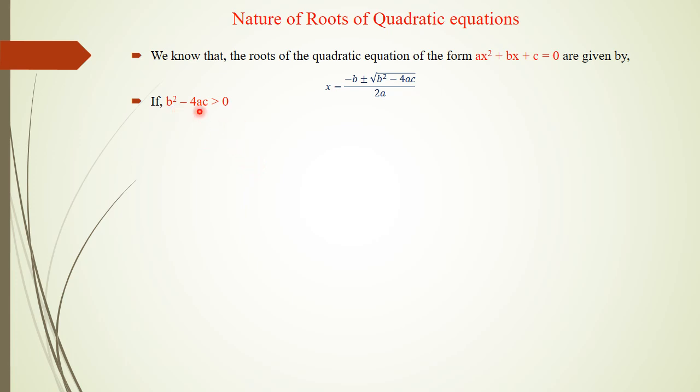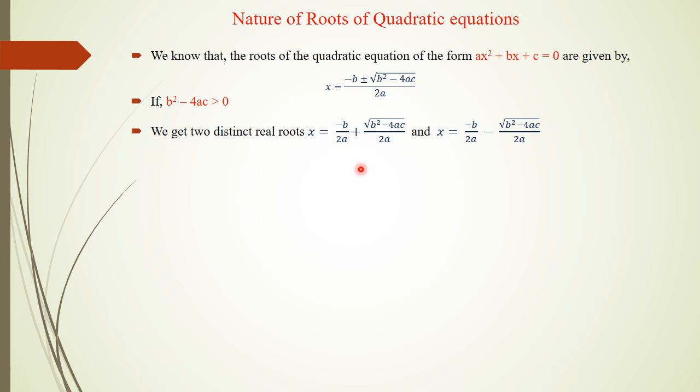If b square minus 4ac is greater than 0, then we get two distinct and real roots. Means our roots will be different, unlike when we solved one problem using the completing the square method, where you saw that both the roots were the same.